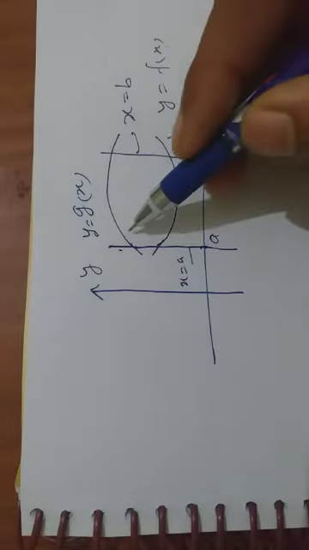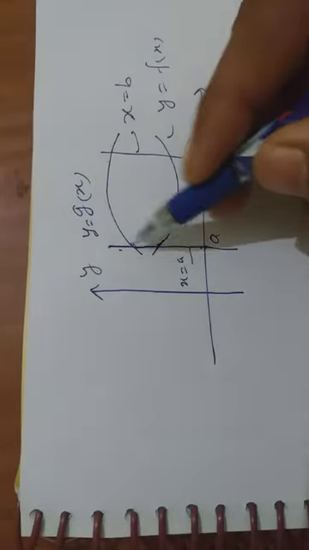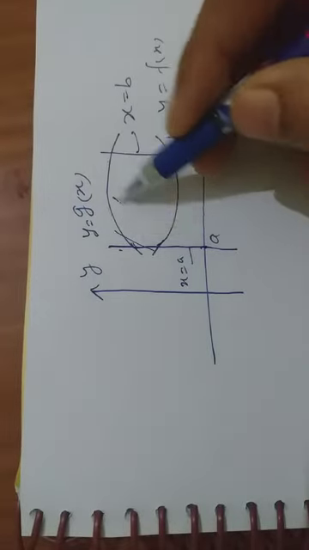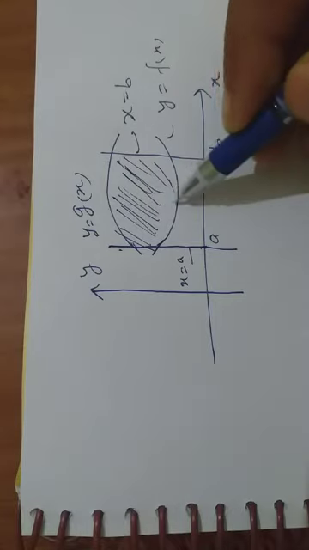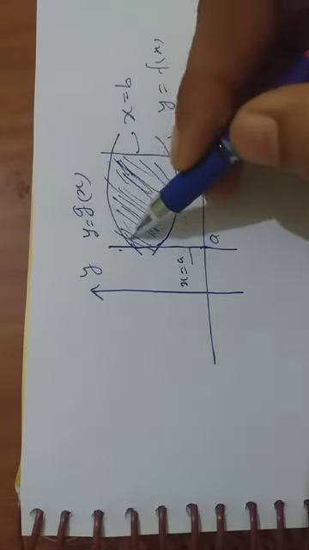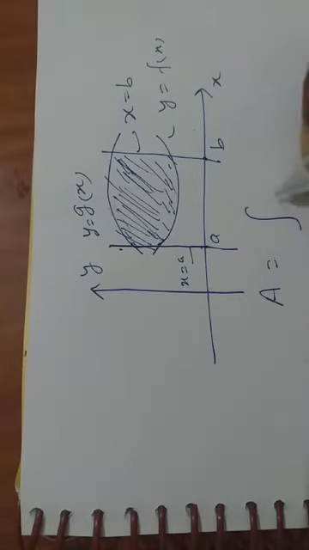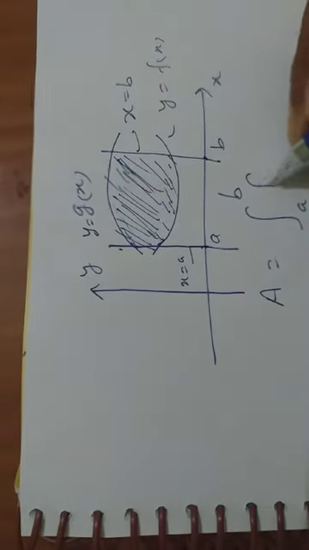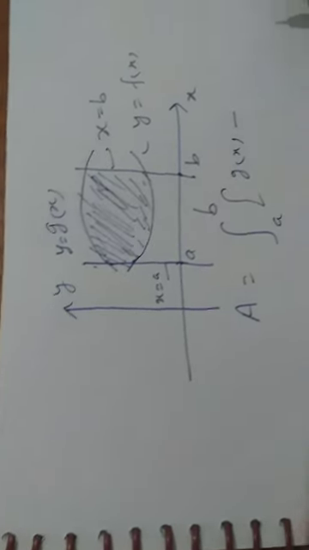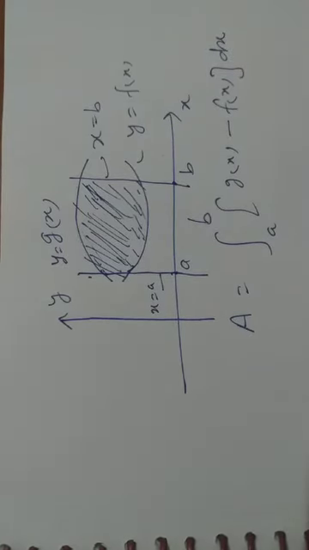So dear students, the area between g(x), f(x), x equal to a and x equal to b, that is this area. This area can be given by A equal to the integral from a to b of g(x) minus f(x) dx. So this is the required area.